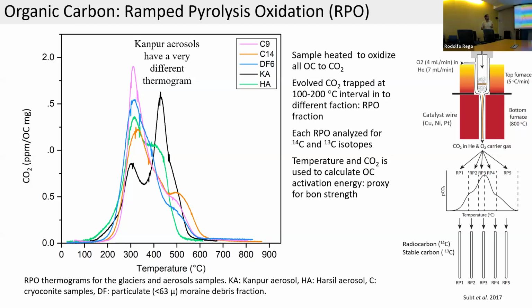Clearly it is visible that CR stands for the cryoconites, TF is the bulk moraine, and K and H are the aerosols. All of them are more or less similar thermograms, apart from the Kanpur aerosol, because this was the odd sample out, since we collected it in the industrial city.